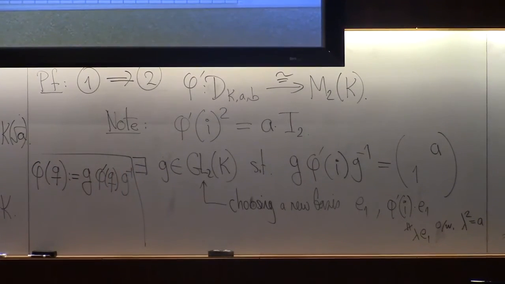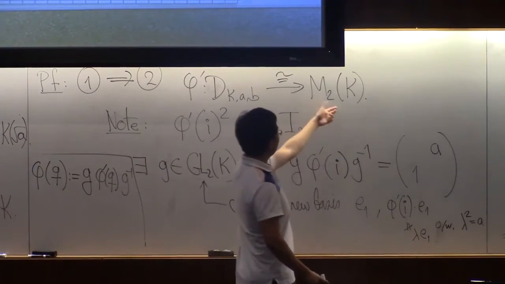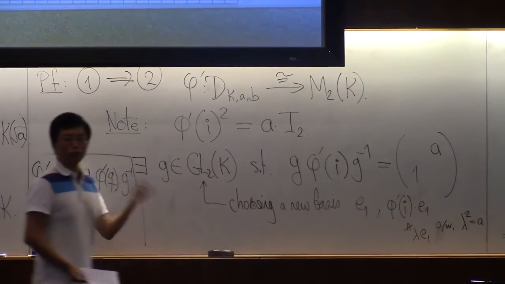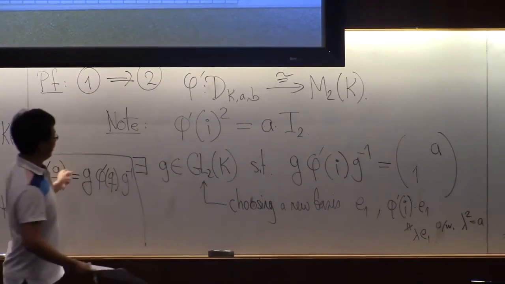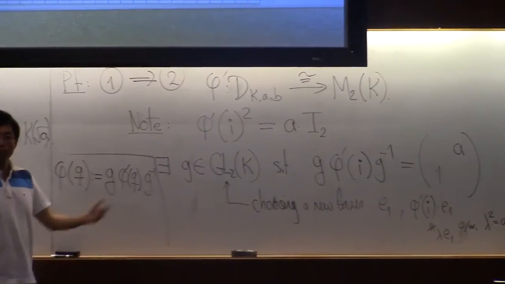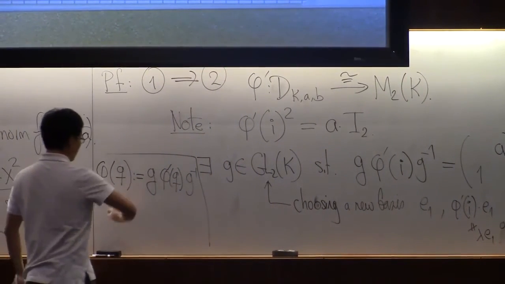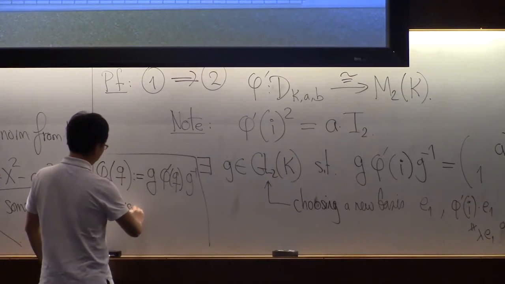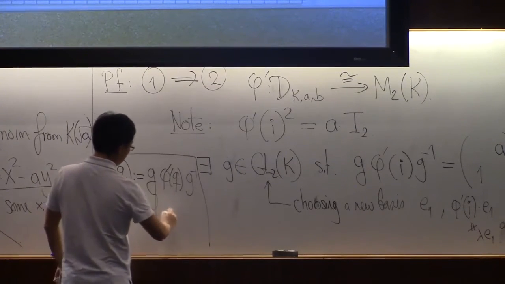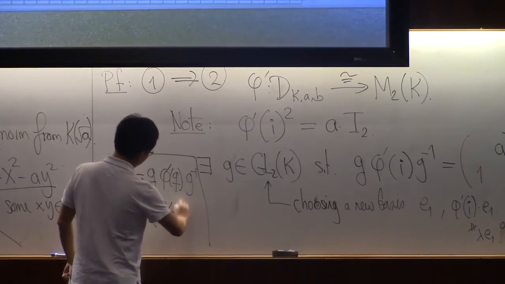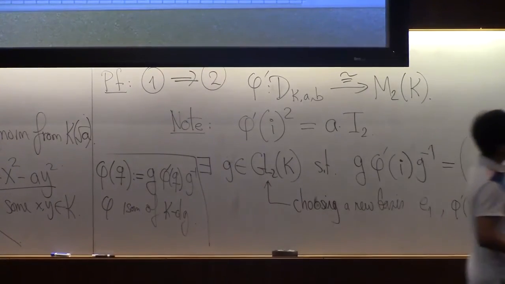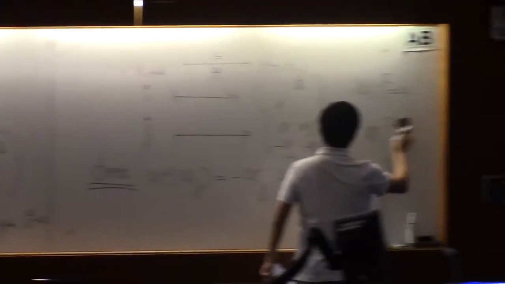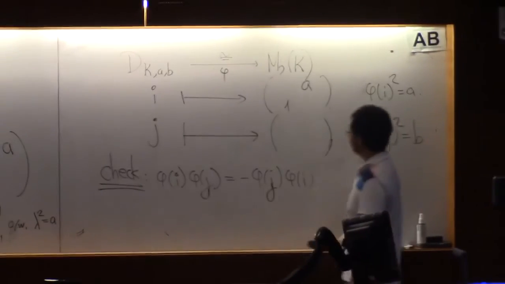So I define a new isomorphism. Conjugating by a matrix actually defines an automorphism of the matrix algebra. So if you conjugate your map further by this G, you still get an isomorphism. It's again an isomorphism of this K algebra. So we arrive at this phi here.